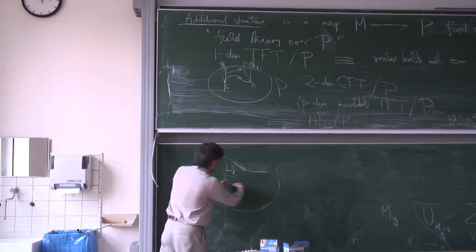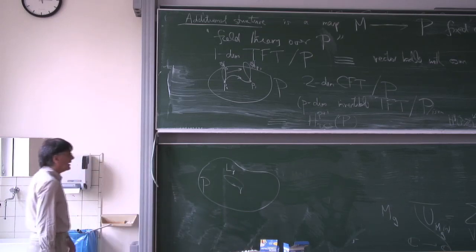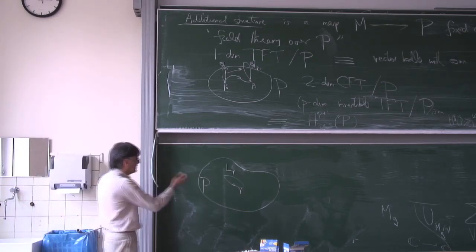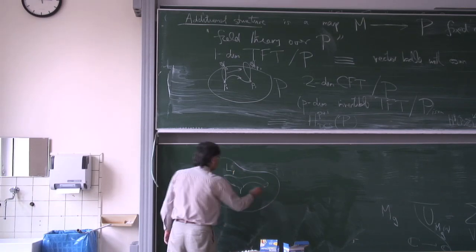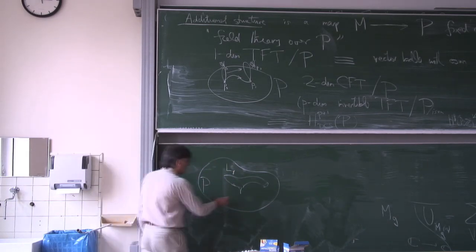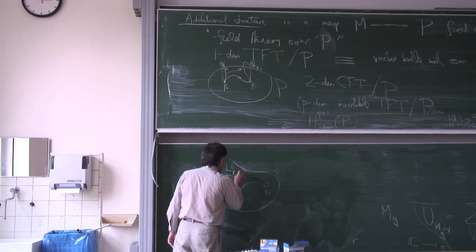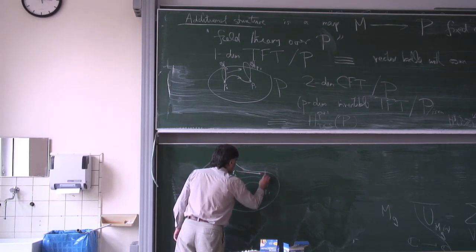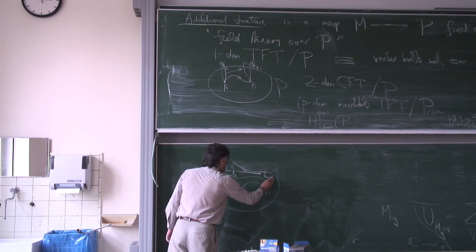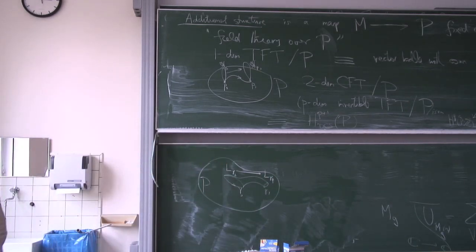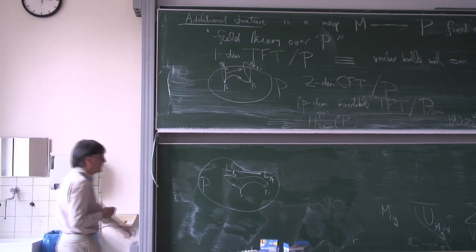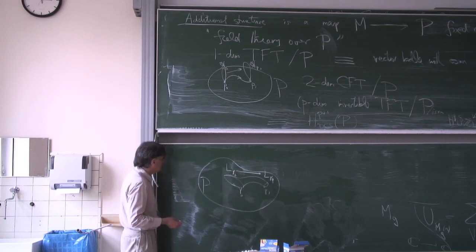So it gives you a complex line bundle on the loop space. And whenever you have a cobordism with a map into P, it gives you some kind of operator. If you simply took a path in the space of loops from gamma 0 to gamma 1, it would give you a line bundle with connection on the loop space of the manifold. But the reason why I call it a string connection is it does something better.